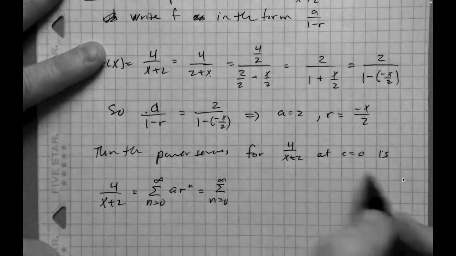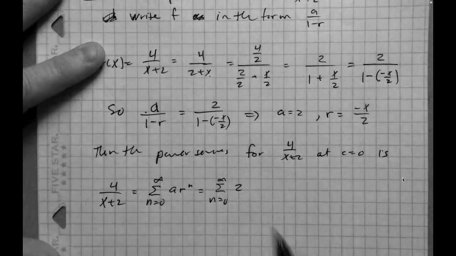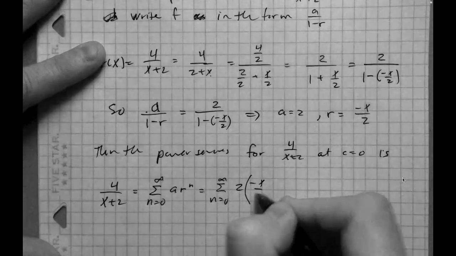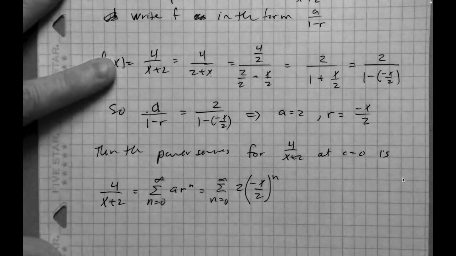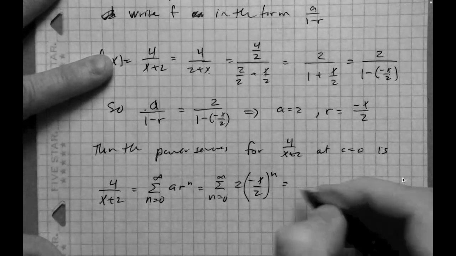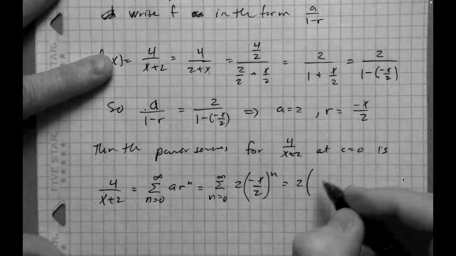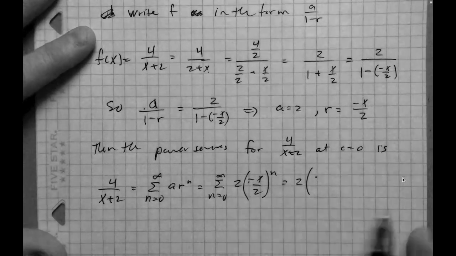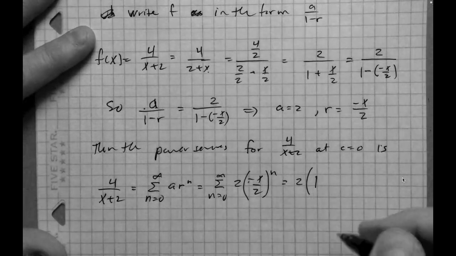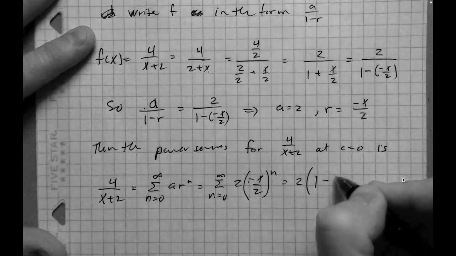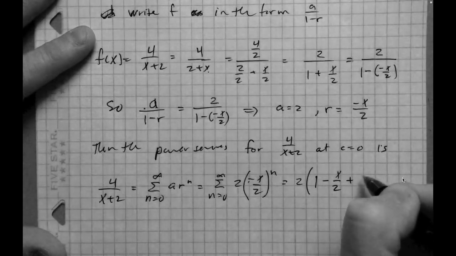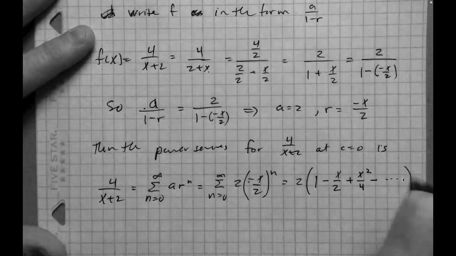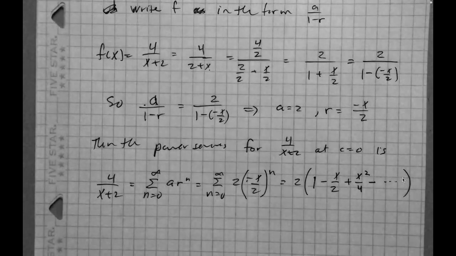So here we're going to have a 2, that's our a, and then r is negative x over 2 raised to the nth power. And this is going to alternate, because you've got the negative in there. So it'll be positive initially, and then it'll be negative. So 2 times 1 minus x over 2 plus x squared over 4 minus ... See how it goes. Perfect.